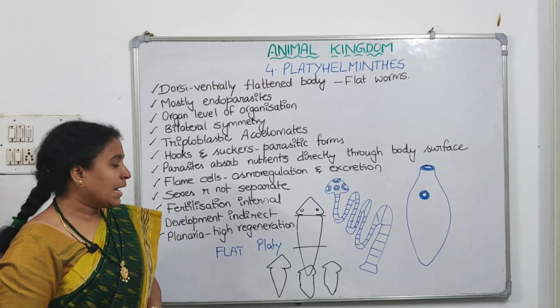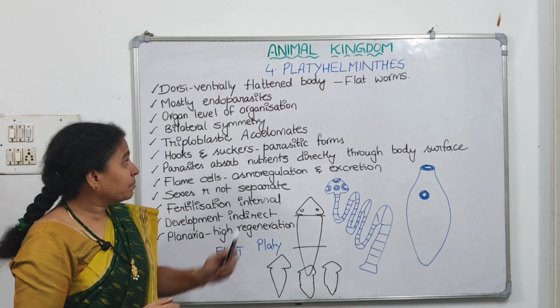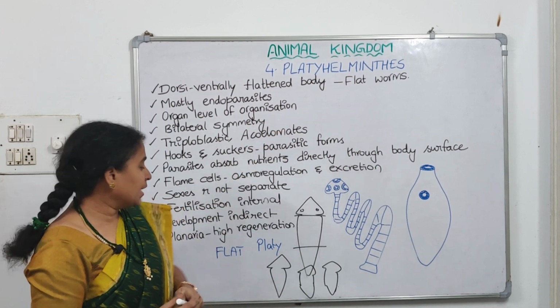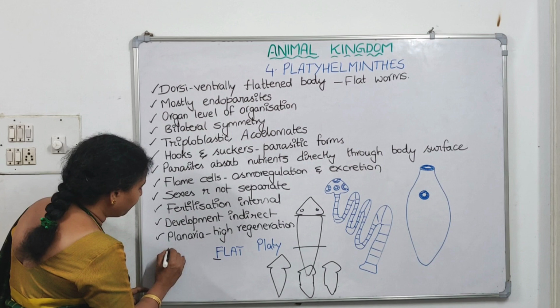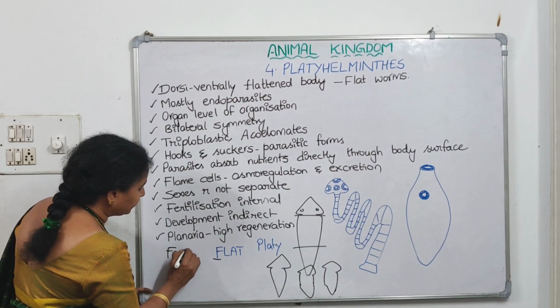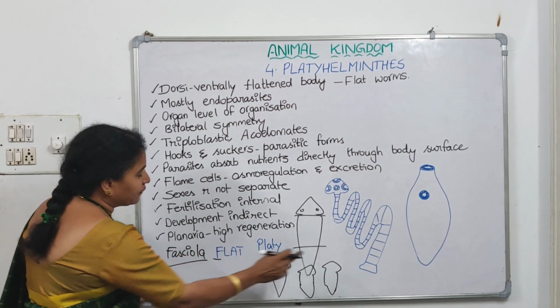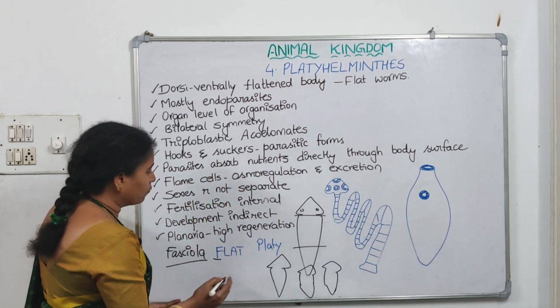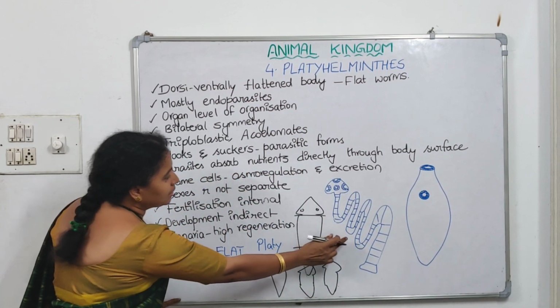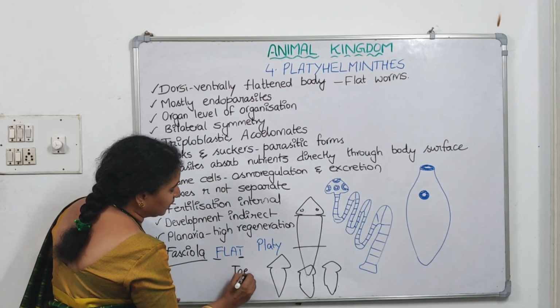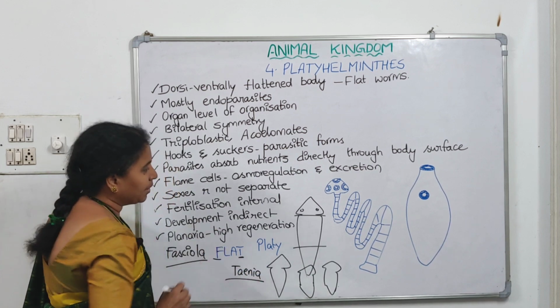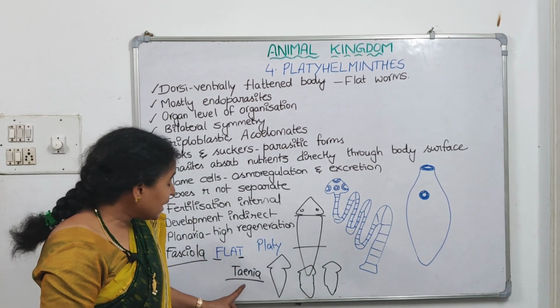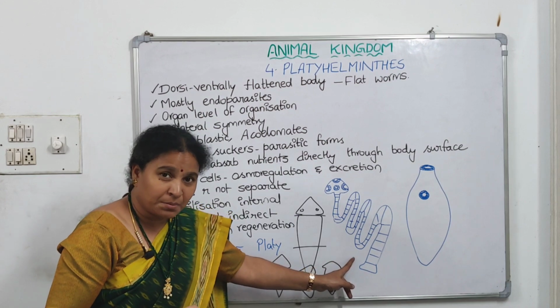Now coming to the examples. Platyhelminthes are called flatworms, right? So with F, you should remember Fasciola, liver fluke, Fasciola hepatica. With T, you should remember Taenia solium, tapeworm.